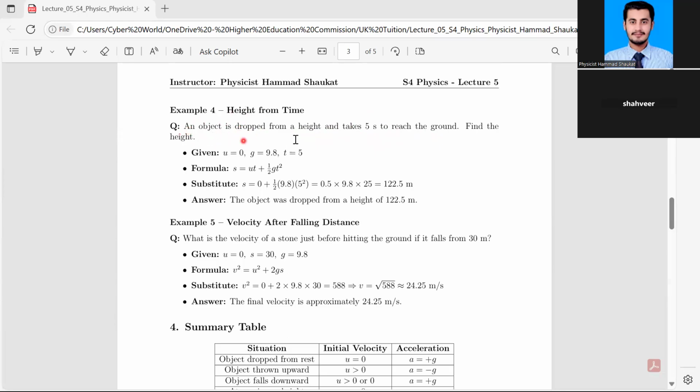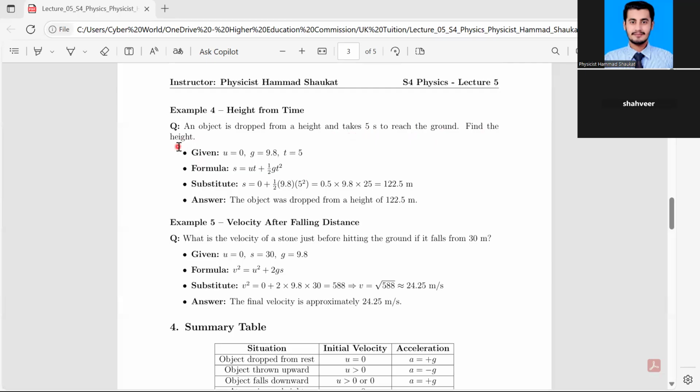If your object is dropped from some height, the initial velocity would be 0. And they're asking you to find the height. Height means distance; they can use the same words, height and distance, both remain the same. If time is given and they're asking you to find the distance or height, which equation of motion do you have to use?